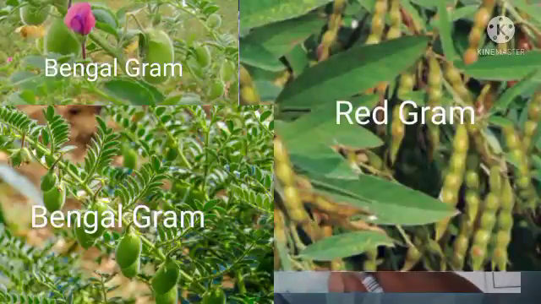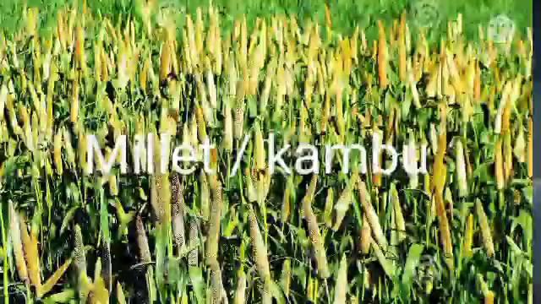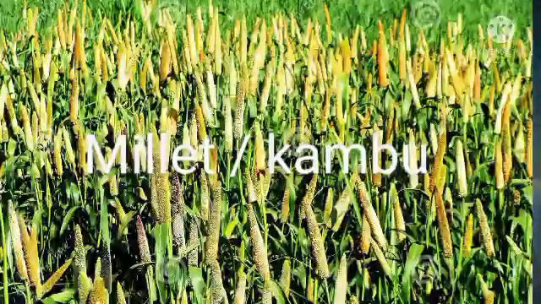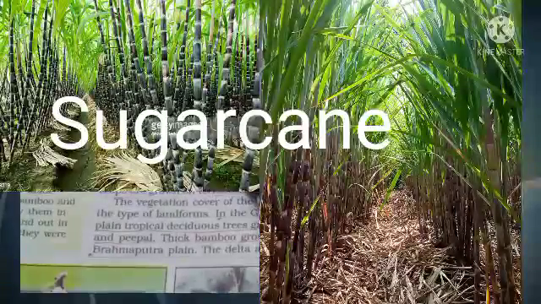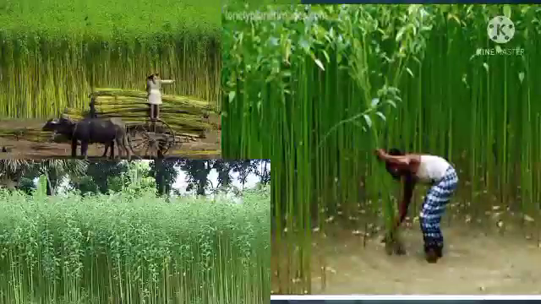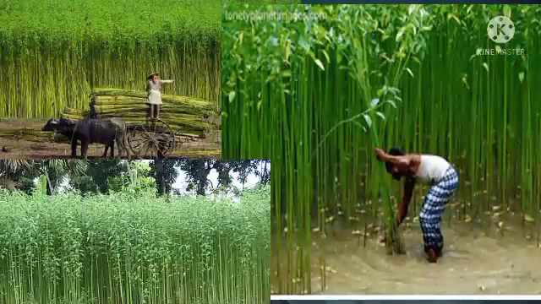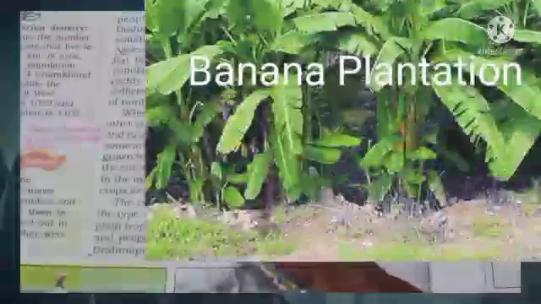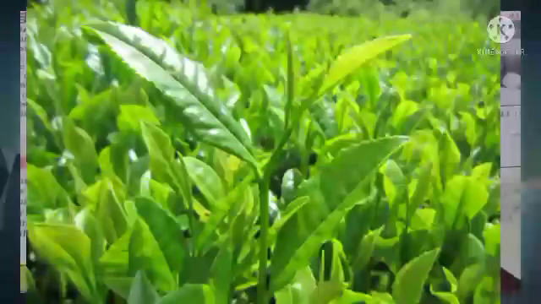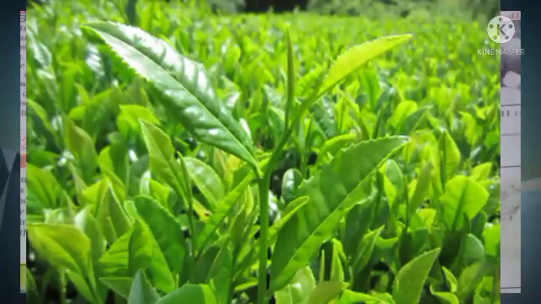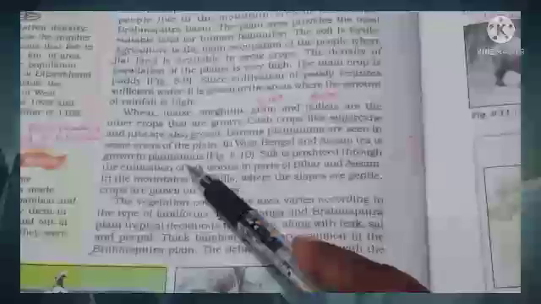Cash crops like sugarcane and jute are also grown. Banana plantations are seen in some areas of the plain. In West Bengal and Assam, tea is grown in plantations.